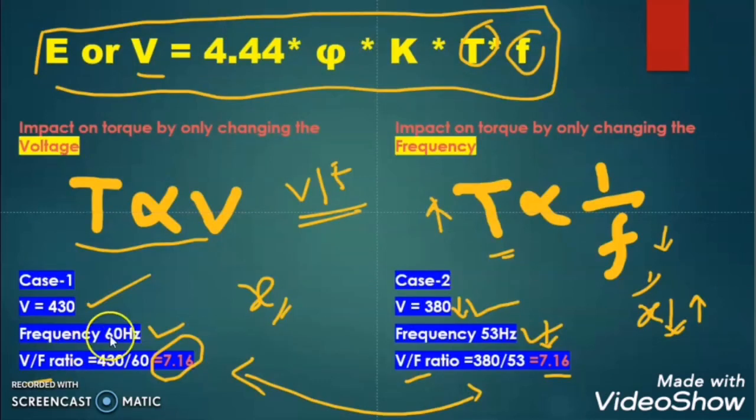So of course, by reducing the voltage the torque gets reduced, but at the same time we are decreasing the frequency to keep a constant V by F ratio, and due to the decrease in frequency, the torque increases again. So on one side the torque is reduced due to the decrease in voltage, but on the other side the torque is increased due to the decrease in frequency. So we get almost the same torque in the constant voltage frequency ratio method.